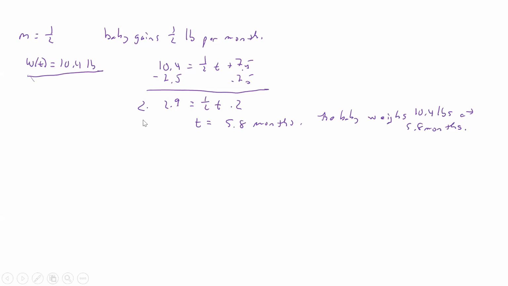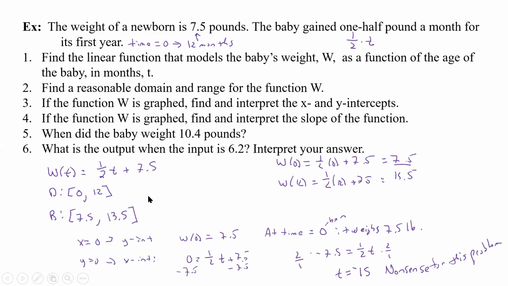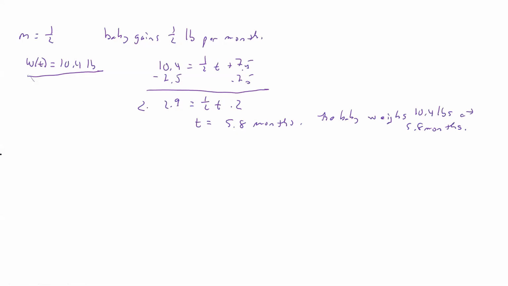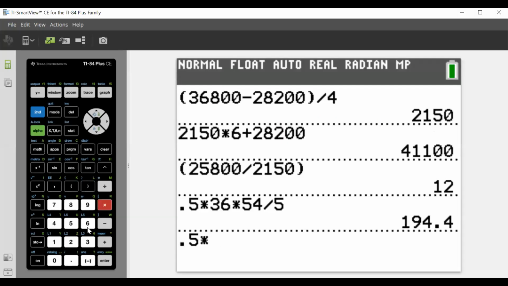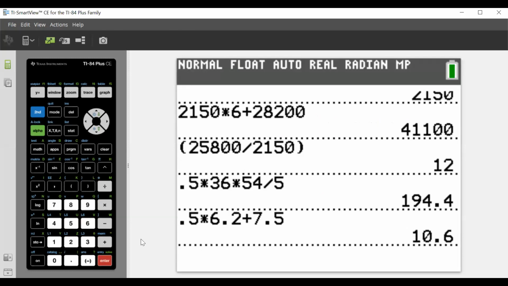And the last one says, what is the output when the input is 6.2? Well, input is 6.2. That's t is equal to 6.2 months. And so W of t is equal to 0.5 times 6.2 plus 7.5. And so if we plug that into our calculator, we have 0.5 times 6.2 plus 7.5, and that's going to be 10.6.